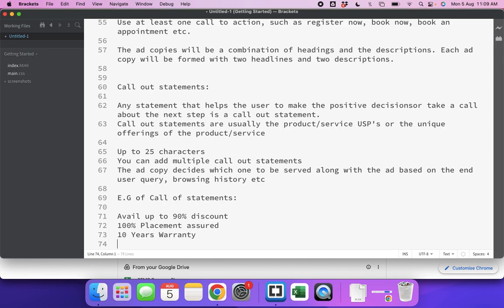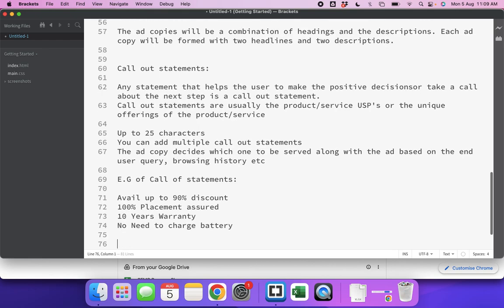Something like this. No need to charge battery.